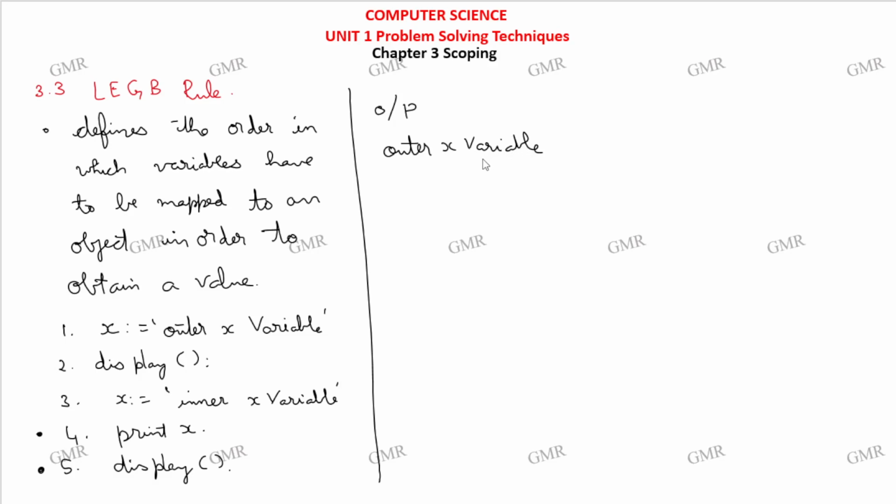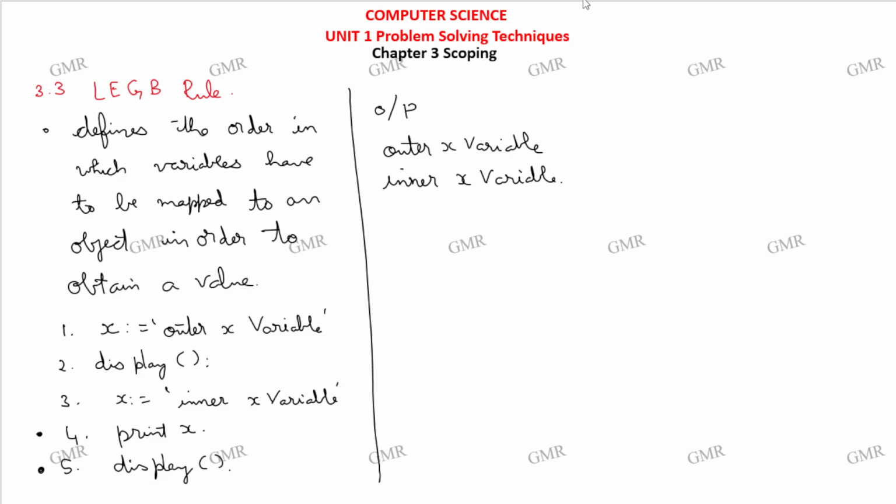But using display, if you print the value, it will print inner x variable. So this means outside the scope, and we are using inside the scope.